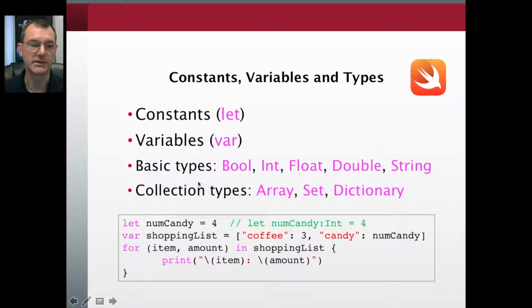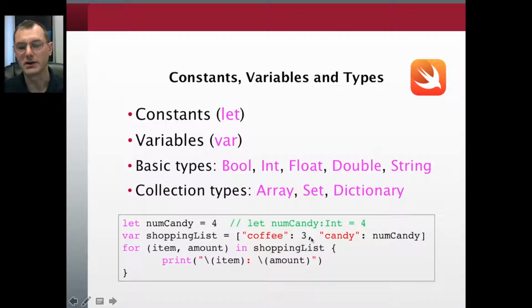Swift also has several collection types. An array is an ordered collection of objects. A set is an unordered collection of objects. And a dictionary is an unordered collection of key value pairs. So we see here that our shopping list variable is being set to a dictionary.